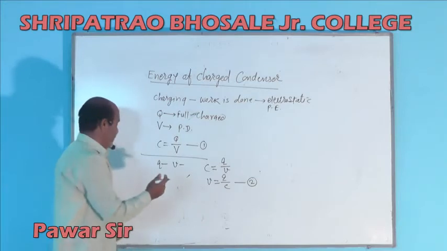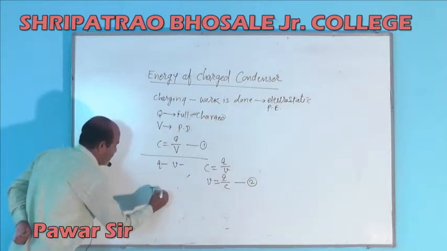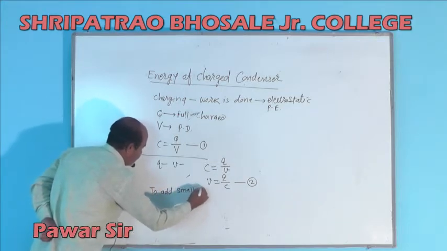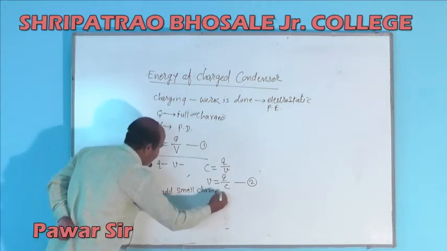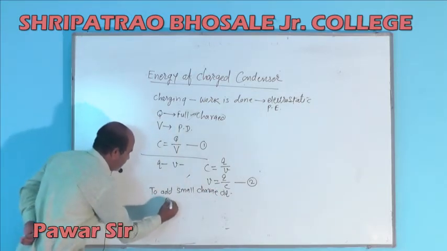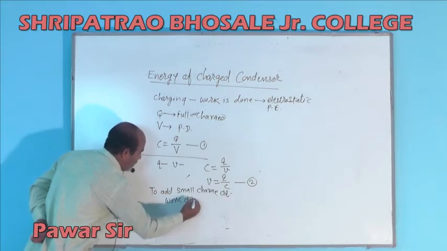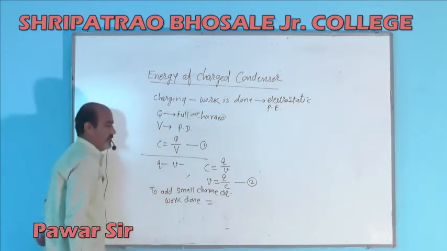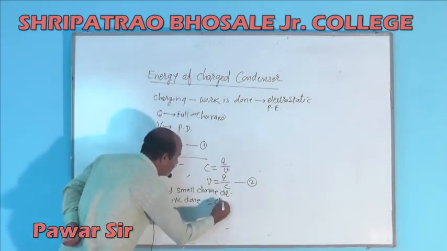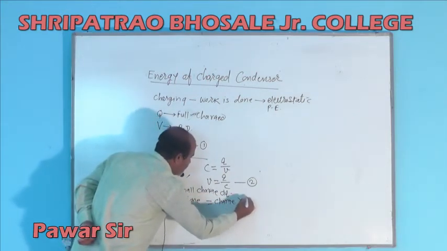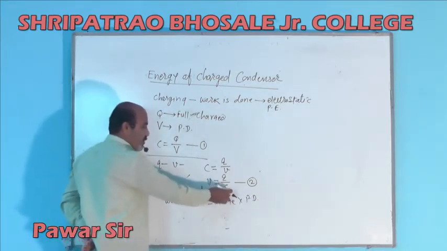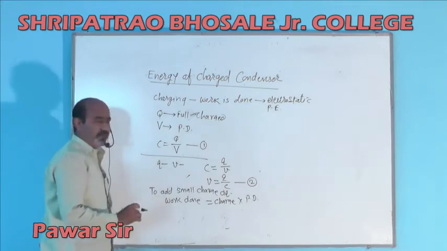So what must be done? To deposit or to add small charge dq, work is done. Work done is equal to charge into potential difference. Now this is small charge, so work done will be small.